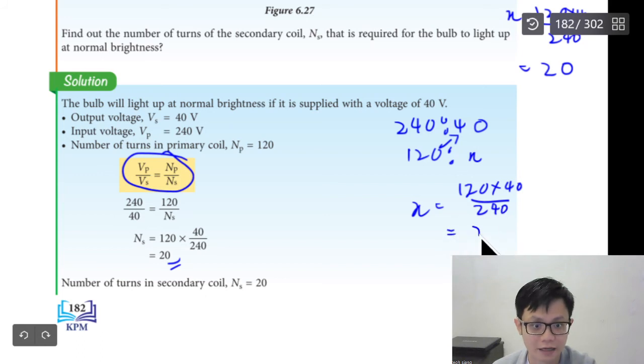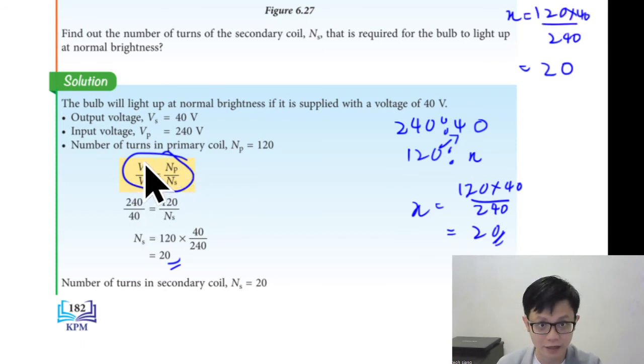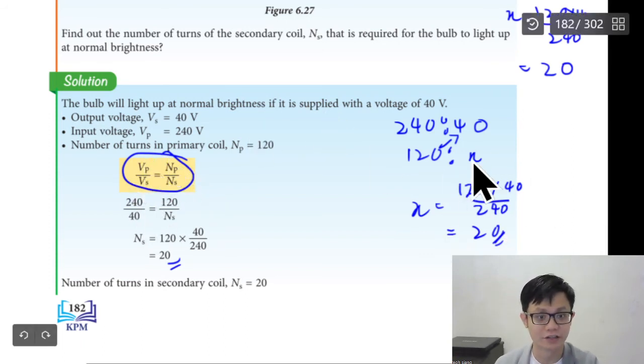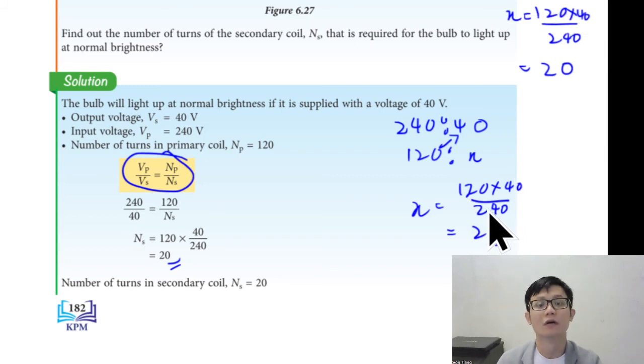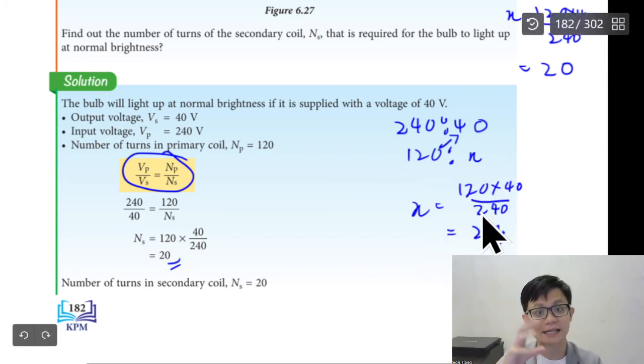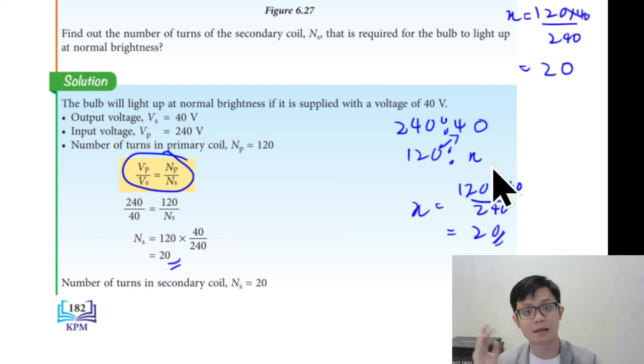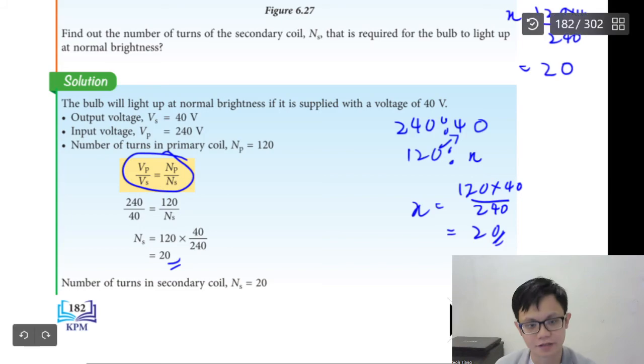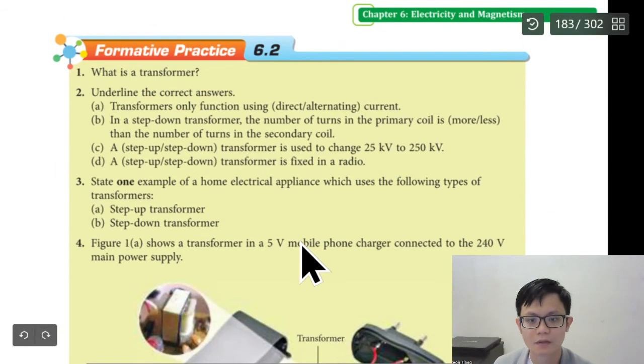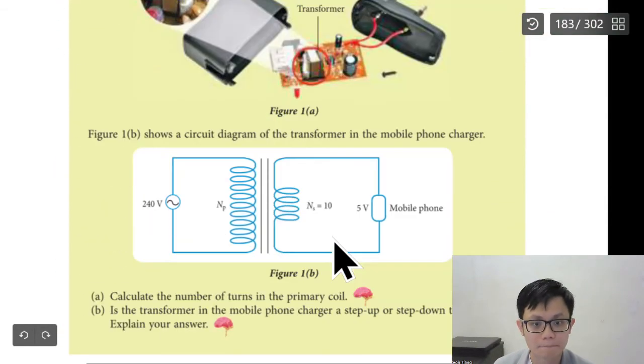So you still get back the same thing according to the ratio. But the formula is this one. You want to remember the formula also can. The reason I teach the ratio in the first video is because I hope that you can understand the concept of the electric thing.